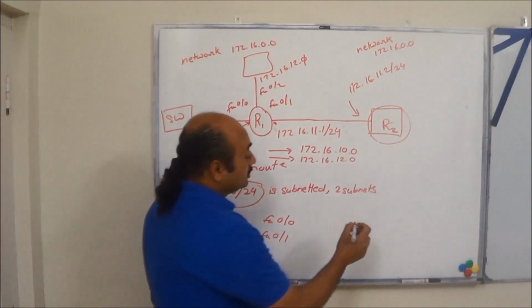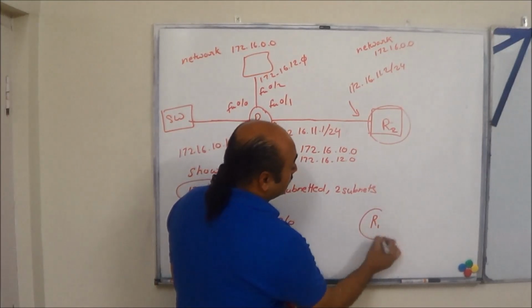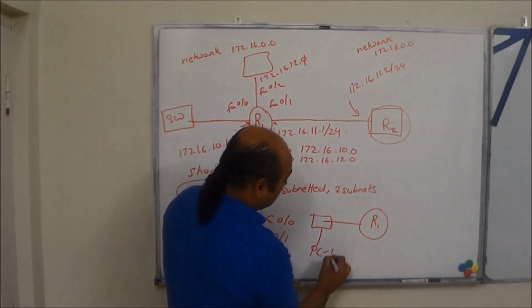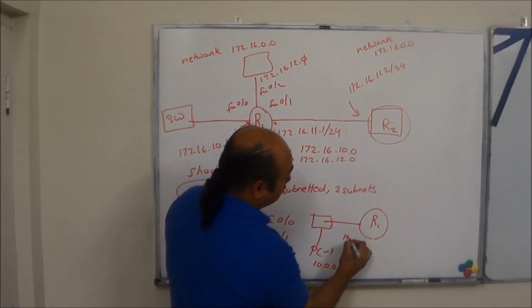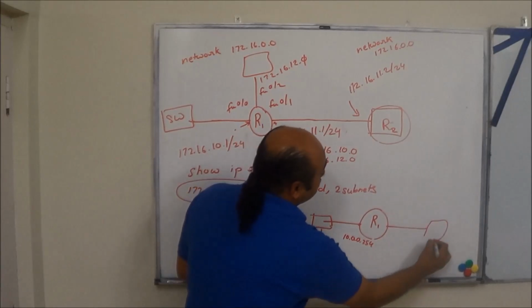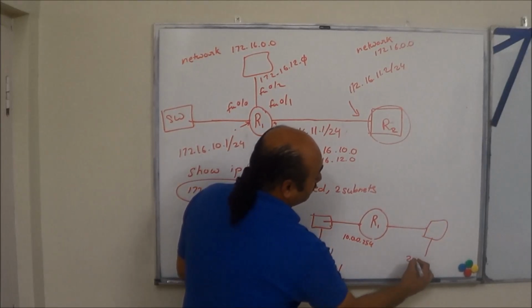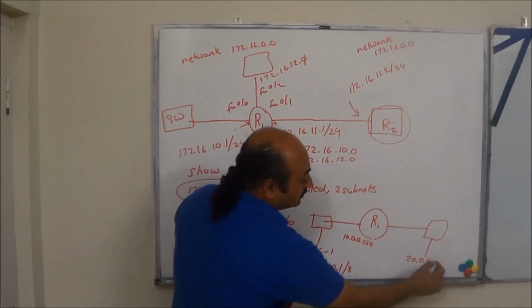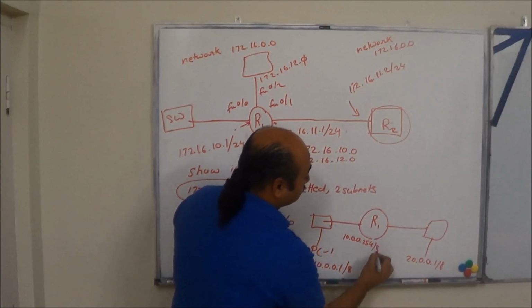We had this topology: there is R1 and a switch and a PC1 having 10.0.0.1, and 10.0.0.254, and then another switch, and there was 20.0.0.1. Remember this?